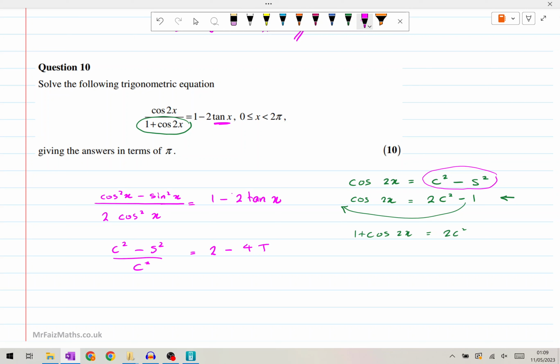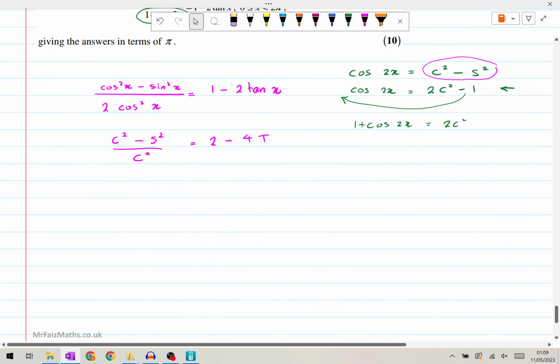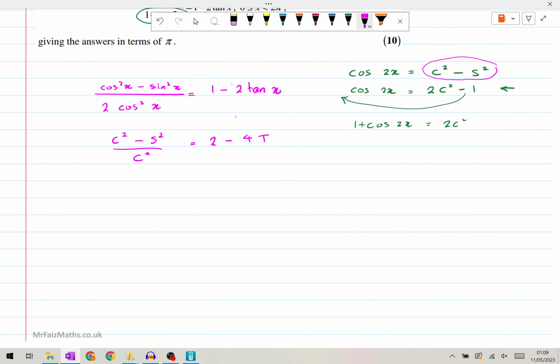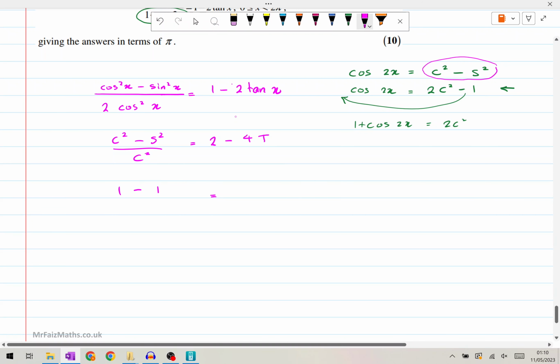Now, what we can do from here is split that into 2 parts. We could write it as cos squared over cos squared minus sine squared over cos squared. Clearly, I can rewrite this as just 1, and sine squared over cos squared is just going to be tan squared. So this left hand side can then be simplified to 1 minus tan squared is equal to 2 minus 4 tan x.